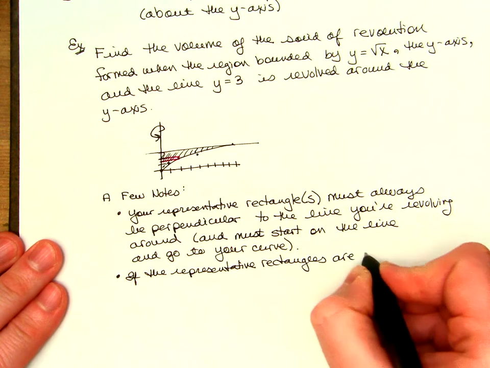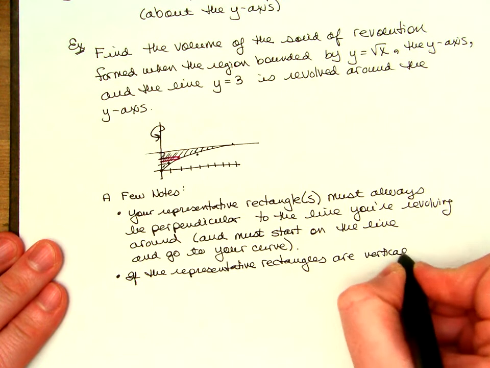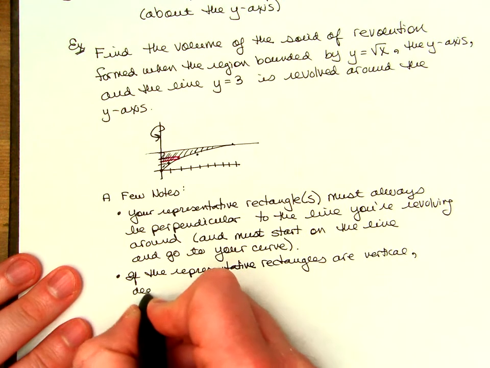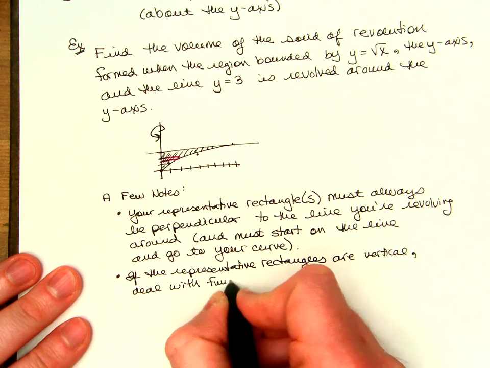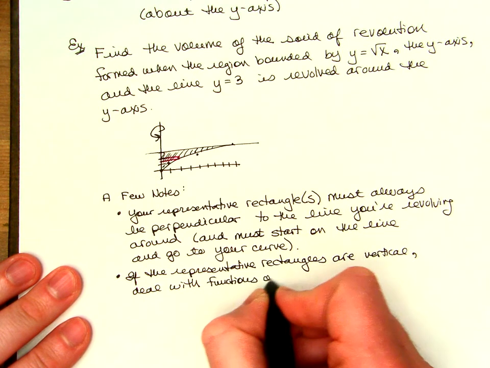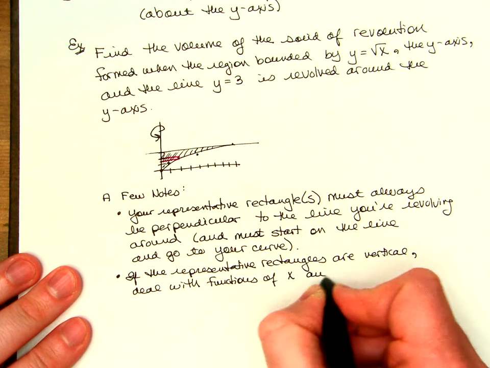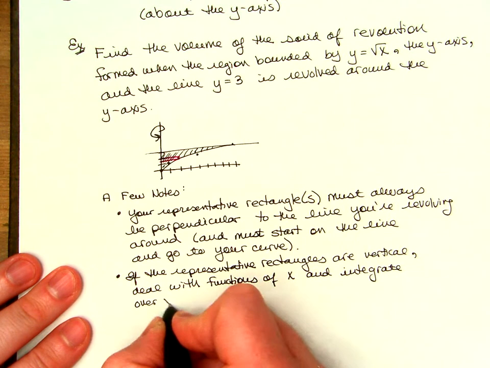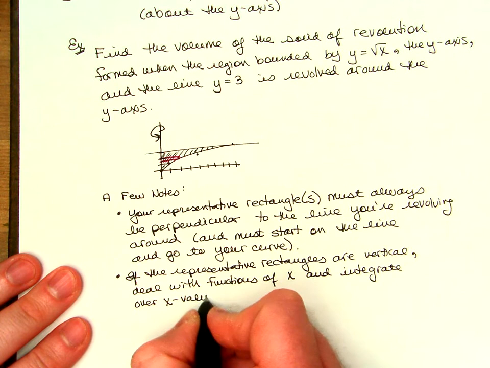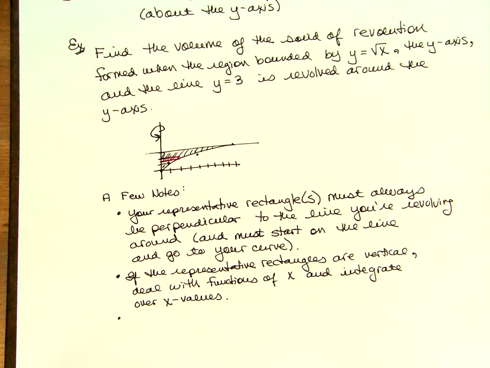That's what we spent the last video looking at when we were spinning around the x-axis. We had vertical representative rectangles, we used functions of x, we integrated over x values.